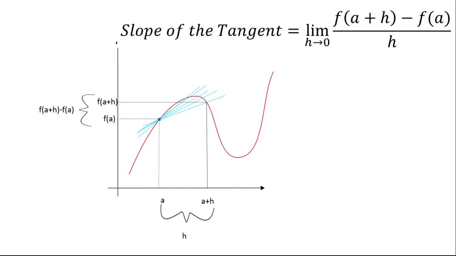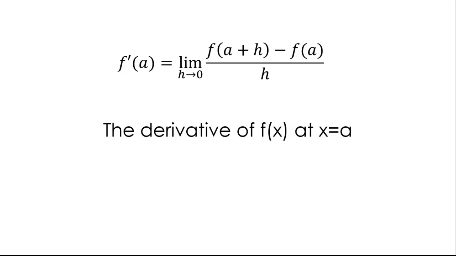So what I'm doing is taking the limit as h approaches 0 of that hideous f of a plus h minus f of a all over h. So the notation is f prime of a, and that stands for the derivative of f of x at x equals a. That's why we've been doing all these limits, because this is in our future.